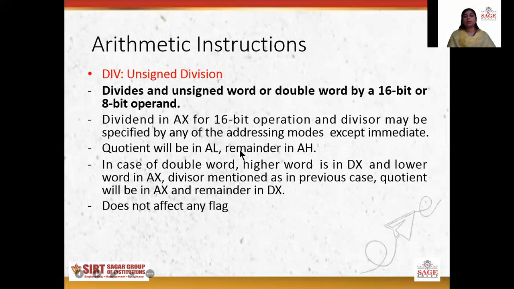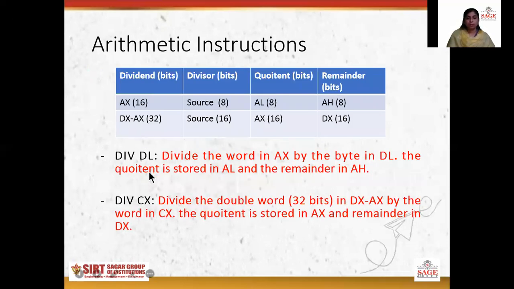Quotient will be in AL and remainder in AH. This is the example, DIV DL. This dividend will be 16-bit, and if the source is 8 bits, then in this case the quotient will be stored at AL and the remainder will be stored in AH.